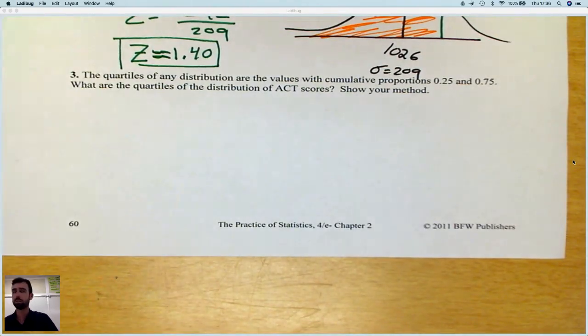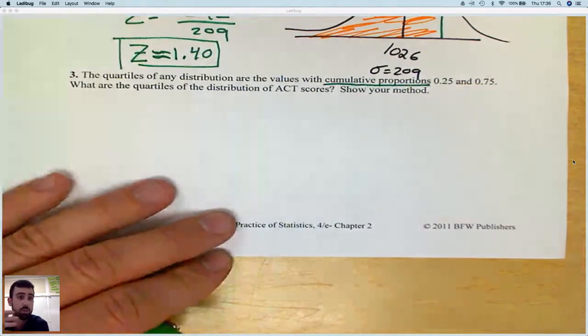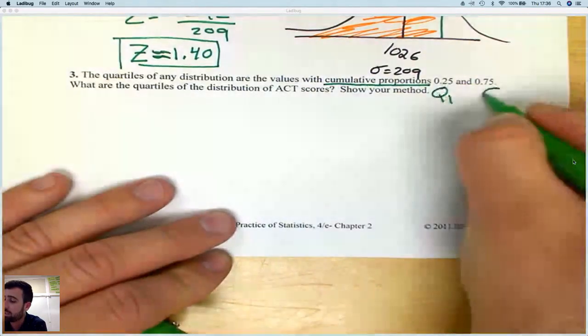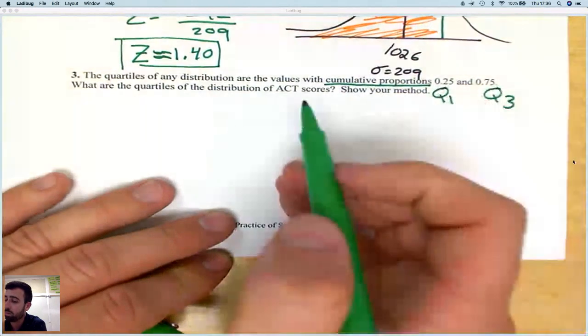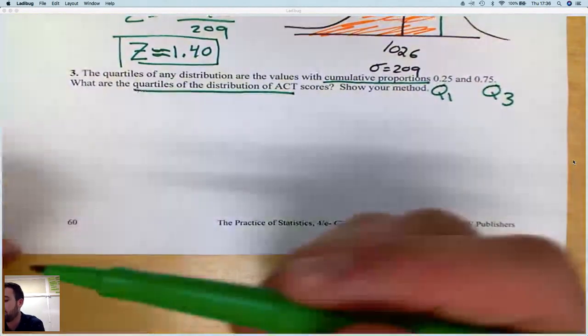So let's look at number 3. Number 3 says the quartiles of any distribution are the values with the cumulative properties. That should sound familiar. Cumulative relative frequency, cumulative properties. Remember, this is Q1, and that's going to be Q3. What are the quartiles of the distribution of ACT scores?